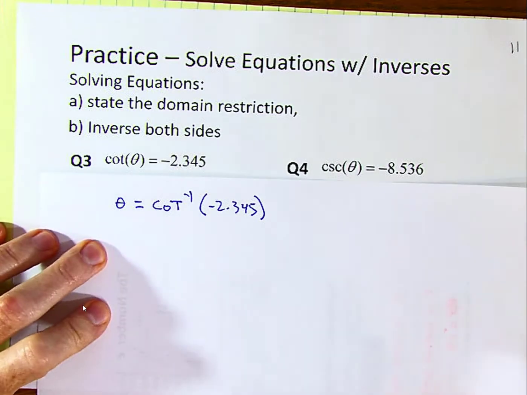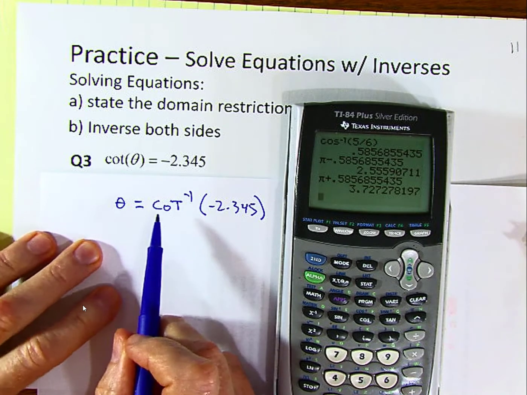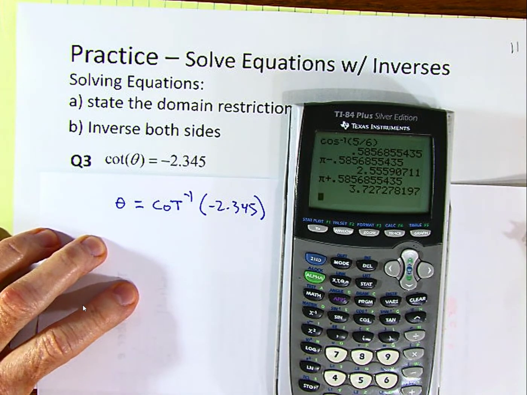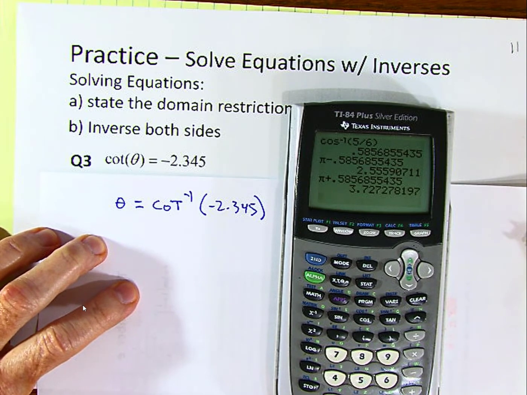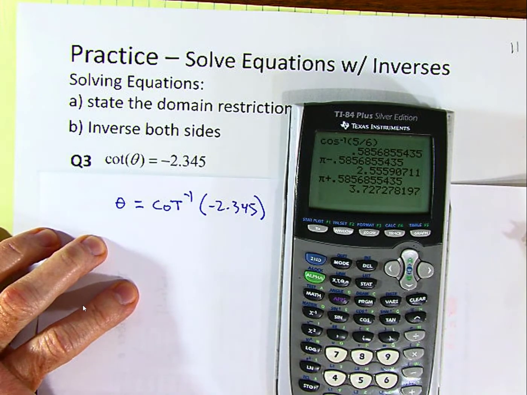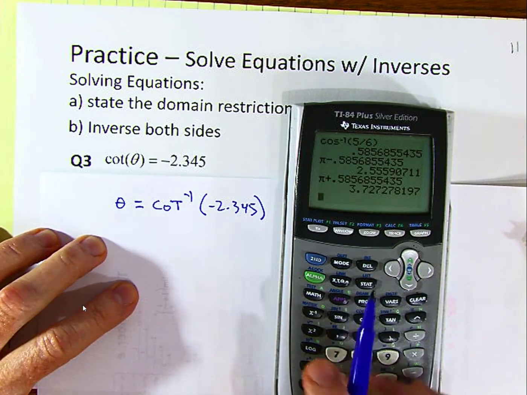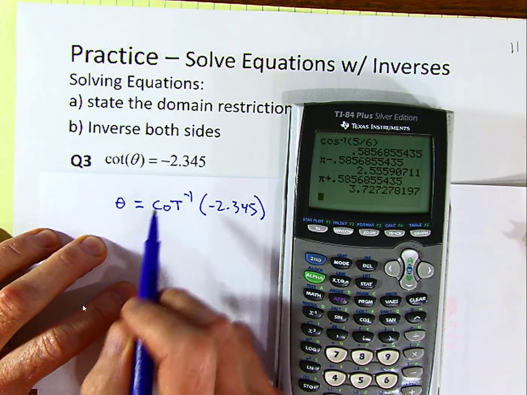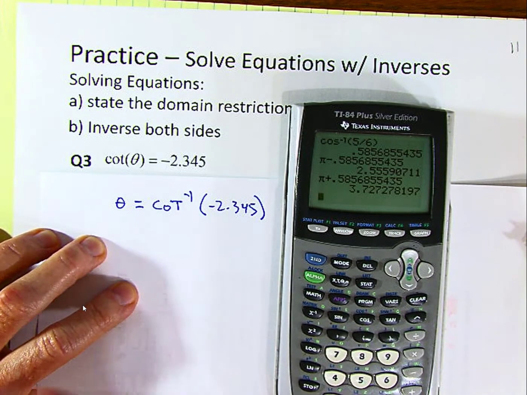Unfortunately, if you look on your calculator, you do not have a cotangent inverse. Unless, of course, you paid a lot more money and got a much more powerful calculator. But I'm not going to go down that road. All we have is sine inverse, cosine inverse, tan inverse. So technically right now with this calculator, I cannot do that problem.